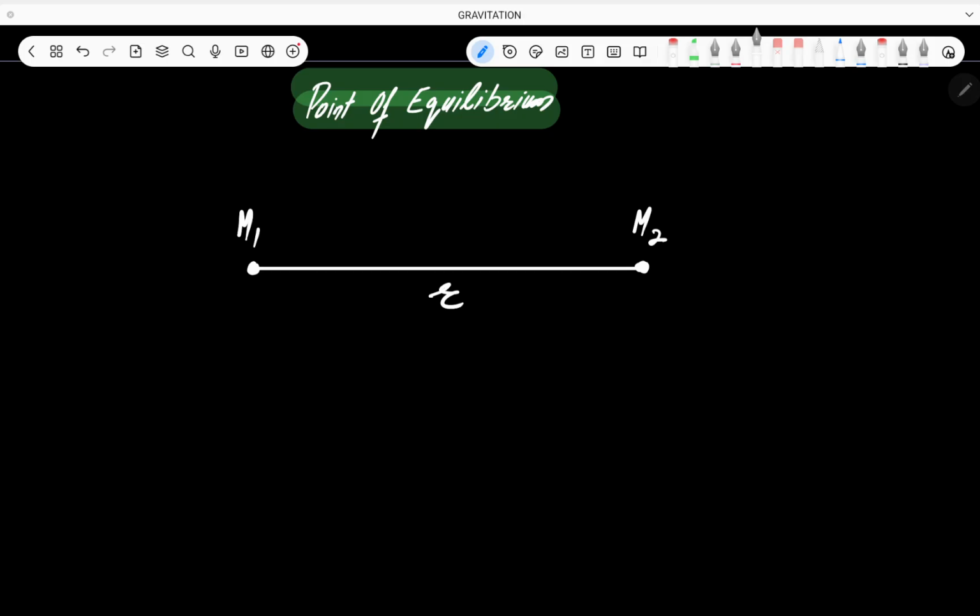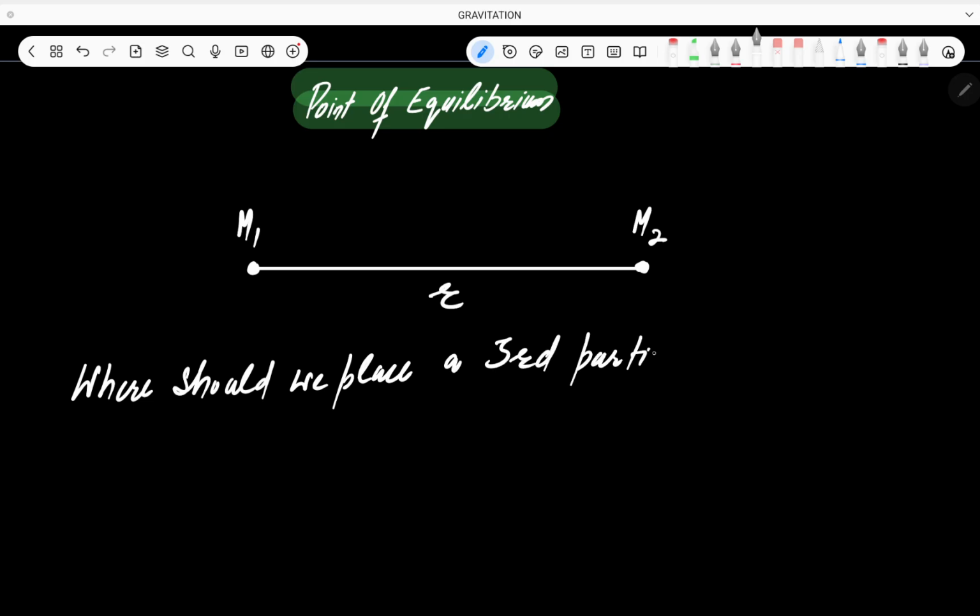Now the question is like this. Where should we place a third particle so that it is in equilibrium?